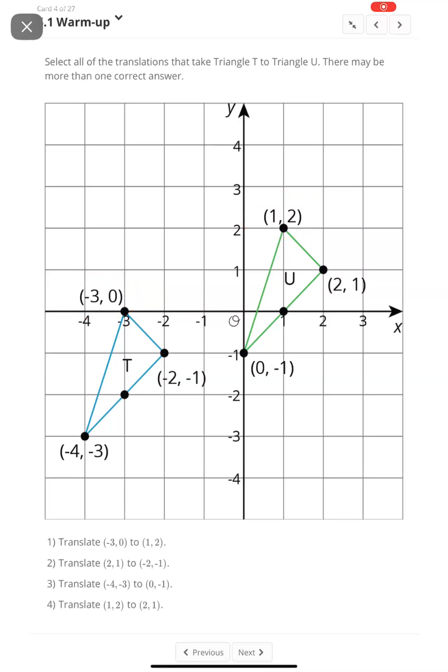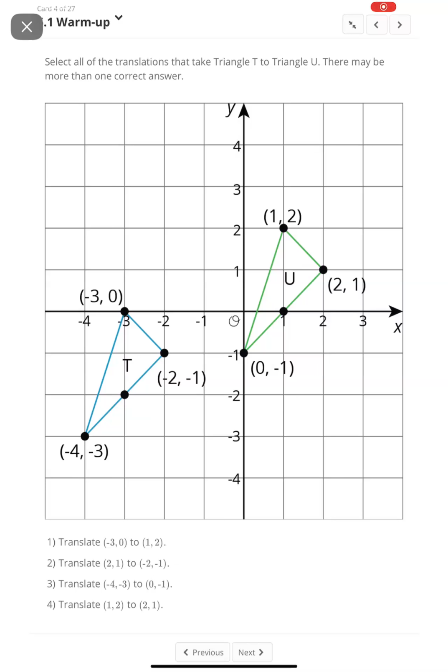We know that this is correct because just by looking at the orientation or positioning of the green triangle, we can see that those are two corresponding points on that triangle. So the first option is correct.